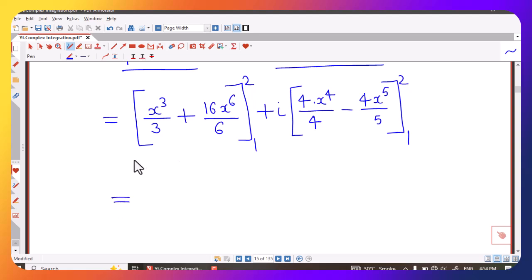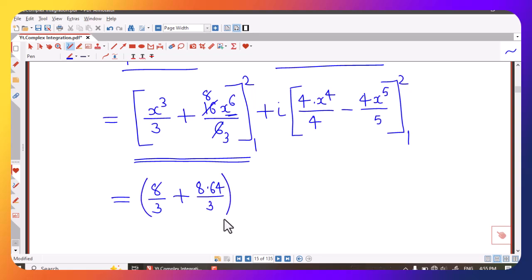First we find out the value of this. First we put x equal to 2 and then minus x equal to 1. So if I take x equal to 2 here, I will have 8 by 3 plus, if I can get 2 cancel here, I have 3 into 2 is 6 and 8 into 3, and this is going to be 2 raised to 6, that is 64, divided by 3.